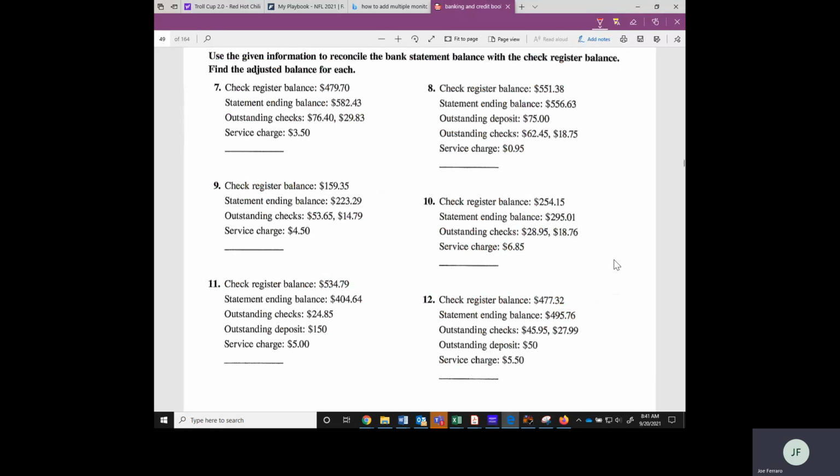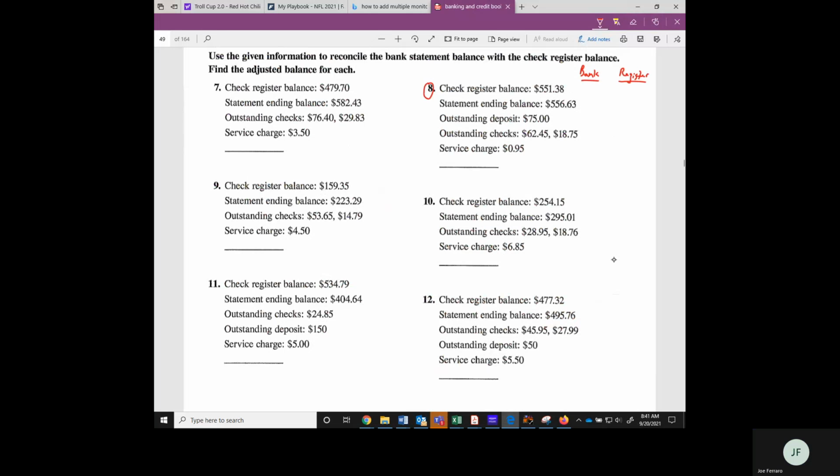I'm going to do number 8 because there are some extra things on here that we haven't done. 12 will end up being very much like it, or 11. I'm going to try to fit these numbers in here as best I can.